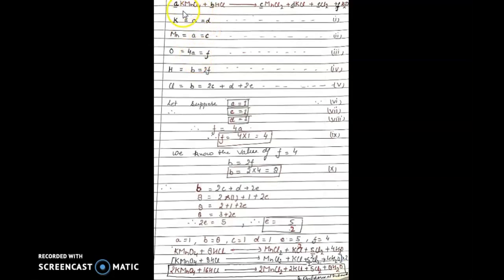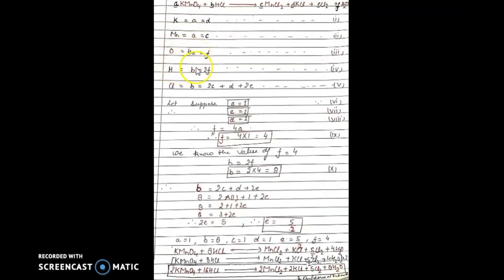Let's start our formation of algebraic equations. After that, we will see which letter coefficient is common along with every element. So along with K, A is present, along with Mn, A is present, and along with O also A is present.